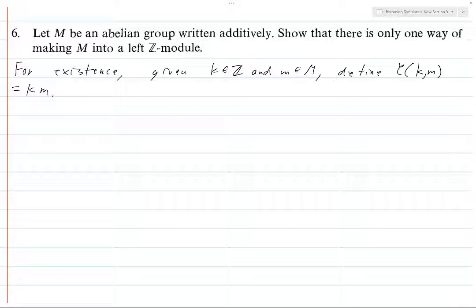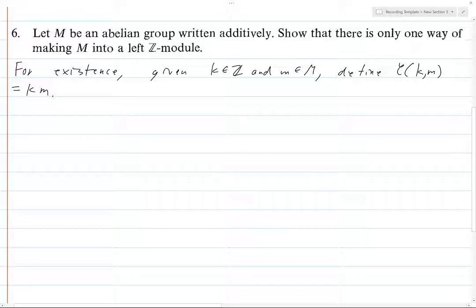Even though they are equal, the symbols are different, because here the multiplication we're considering is what I just said, you add m to itself k times, and here you're suppressing the function that we're going to prove defines the module structure.